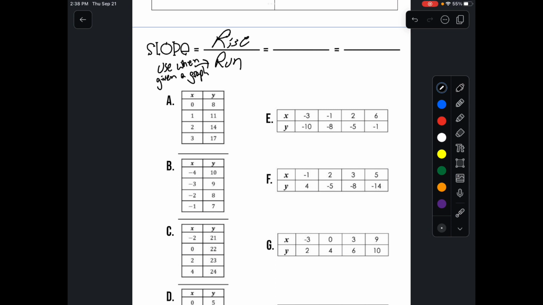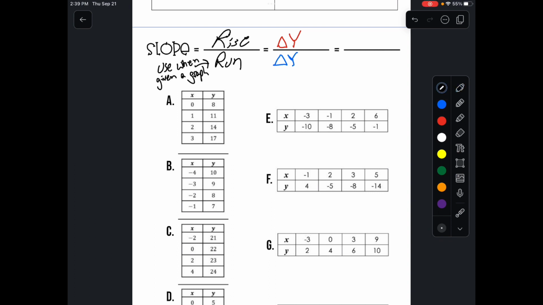This middle one, we're going to say it is going to be our change in y over our change in x. Right? So the triangle in math just means the word change.